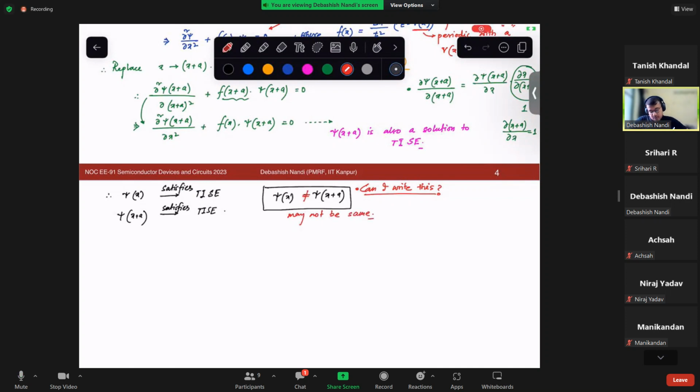May not be the same. So note this point very carefully. What is the takeaway from this? That u of x or v of x is periodic, with period a, this is valid, but my psi of x may not be periodic.